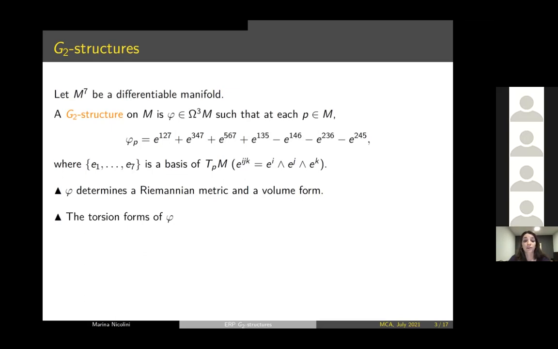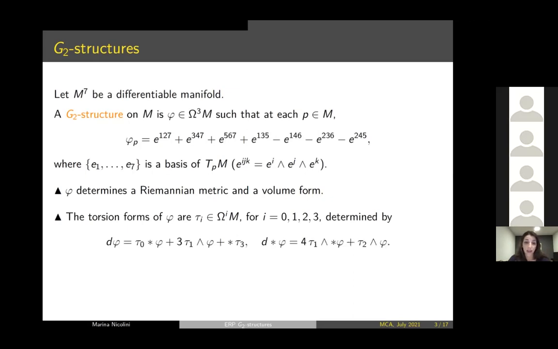The torsion forms of phi are these 0, 1, 2, and 3-forms on M, and they are determined by the differential of phi and the codifferential of phi. So what does this have to do with holonomy?